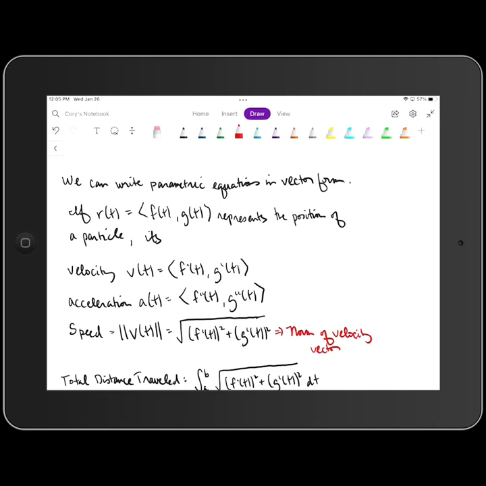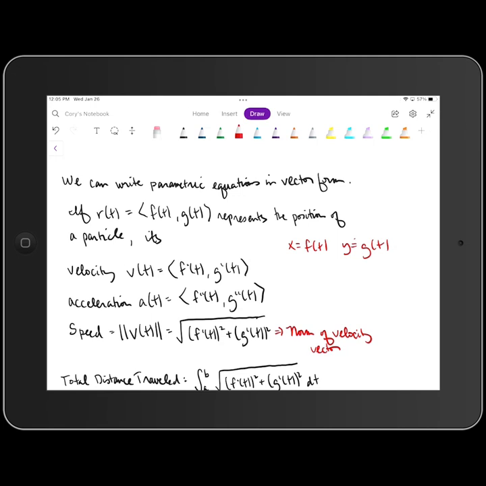You know with parametric equations, you're going to have x equal to some function f of t and y equal to some function g of t, where both x and y are written in terms of the variable t. Again, t is the parameter of that set of parametric equations.